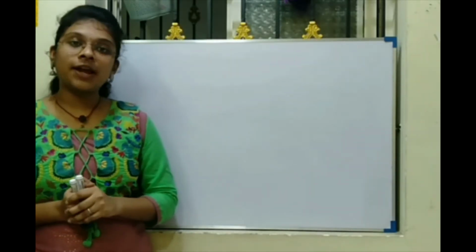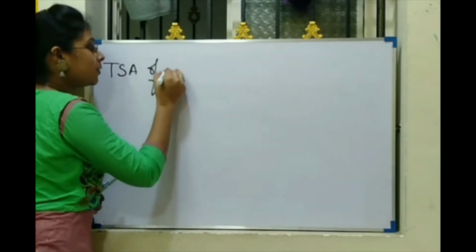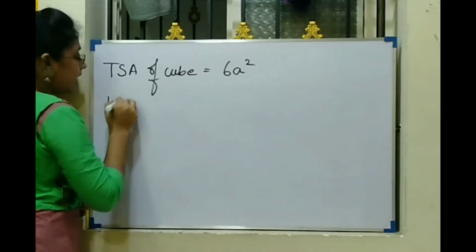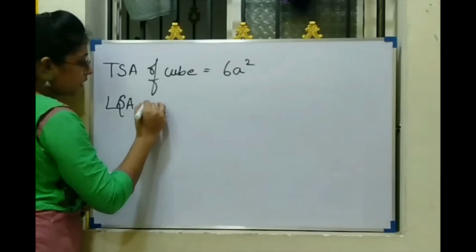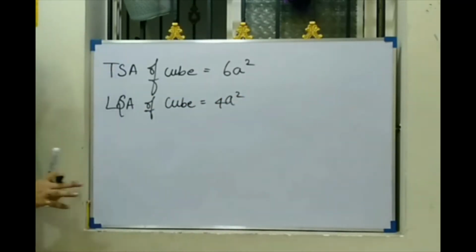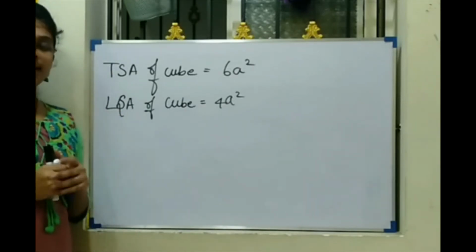Now let's see how to find the areas of a cube. Total surface area of a cube is equal to 6a square and lateral surface area of a cube is equal to 4a square. As you already know, a cube and a cuboid have 6 faces.